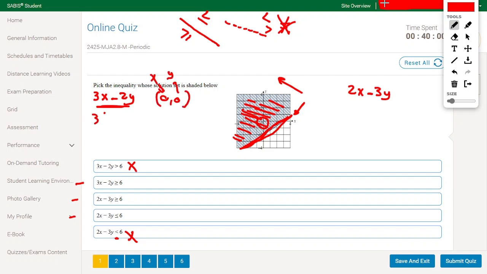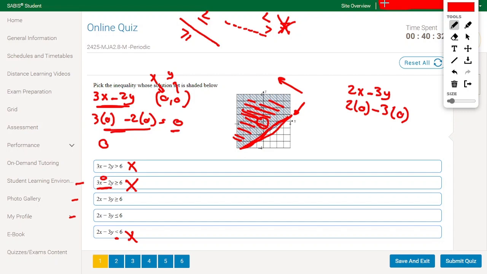So we will have 3 multiply 0 minus 2 multiply 0 equal to 0. So now the left side of the inequality is 0, and 0 bigger than or equal to 6? No, so this is not the right answer.